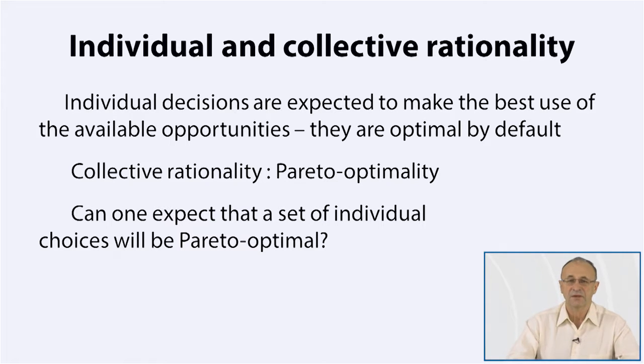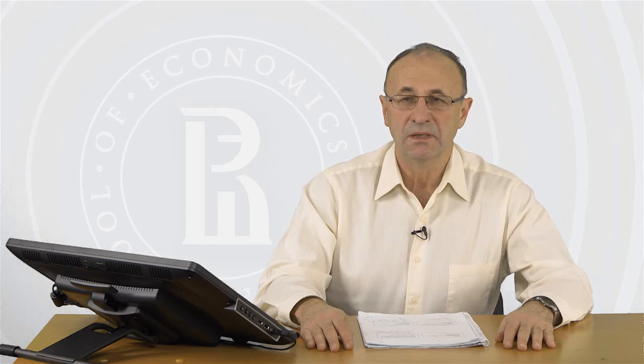Pareto introduced the concept of what is now known as Pareto dominance and Pareto optimality. Suppose you have two options and several individuals who compare these options. If some individuals think that option A is better than option B, and none believes that option B is better than option A, then we would say that option A is Pareto preferred to option B, because it's preferred by some people and none opposes that; other people are perhaps indifferent between these two options.